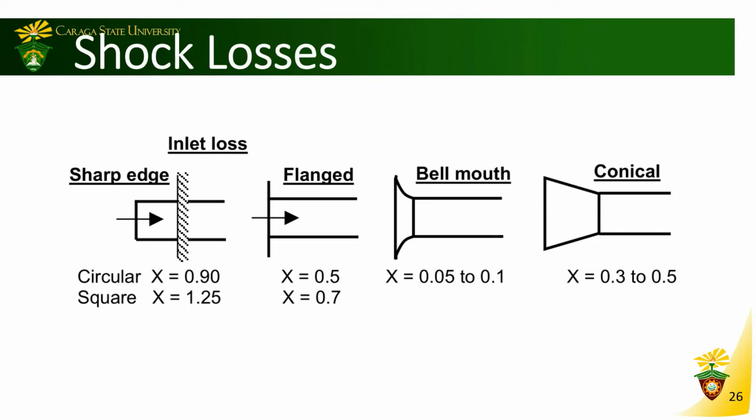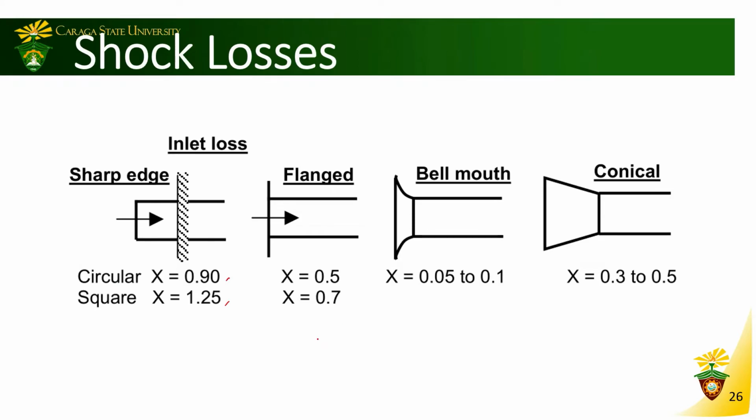For a circular cross section with a sharp edge with this particular orientation, the shock loss factor for this diagram is 0.9. If the cross section is square, it is larger, 1.25. For a flange pipe, the shock loss factor is 0.5 if the cross section is circular, 0.7 if it's a square.